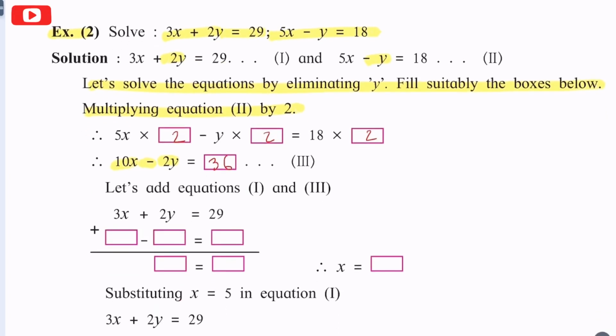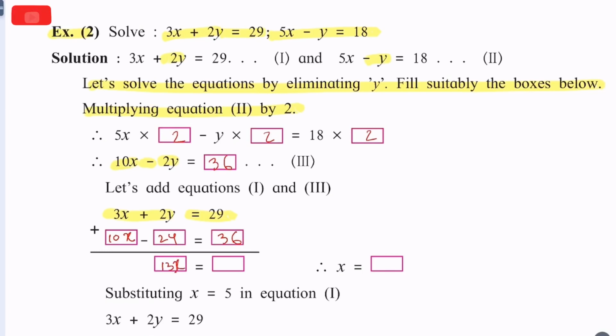Let us add 1 and 3. First equation is 3x plus 2y equal to 29, and the third equation is 10x minus 2y equal to 36. So 3x plus 10x will be 13x.